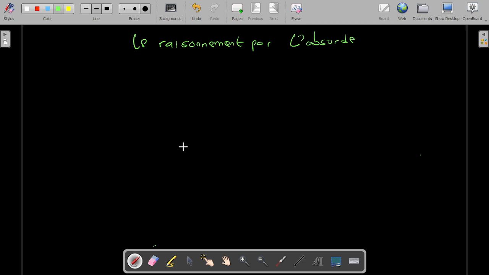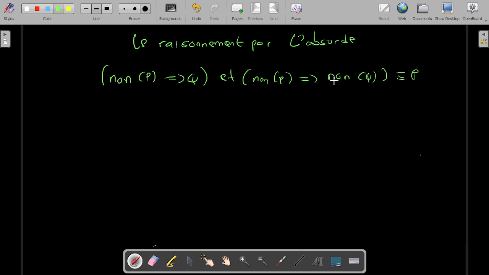Now this is based on the fact that the proposition (non P implique Q et non P implique non Q) is equivalent to P. So le raisonnement par l'absurde is based on this proposition.